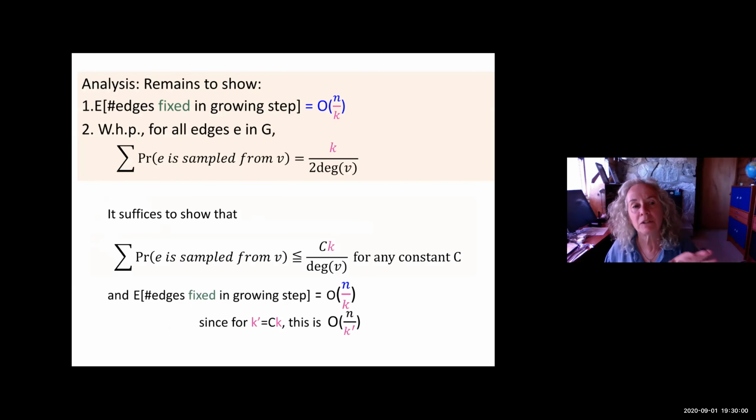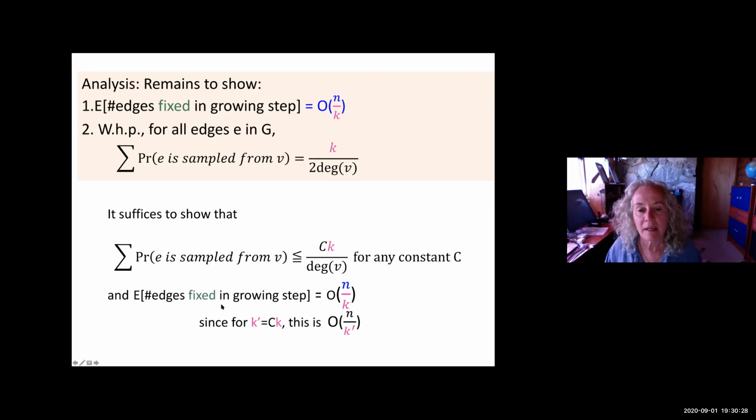Okay, so it remains to show two things. One, that the expected number of edges fixed in the growing step is O of n over k. And two, that when we do what we're going to do, the probability that an edge is sampled from V is k divided by 2 times the degree of V, because we want it to be one of these in this model.